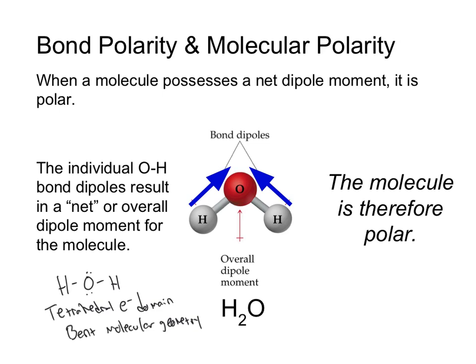Our difference in electronegativity between oxygen and hydrogen is definitely enough for us to create a polar bond in the direction of our oxygen atom. And so we have 2 bond dipoles in this molecule. We then must investigate the overall effect of those. If we draw those out right here, if we look at the 2 separate dipoles, we can consider one going up to the right, the other going up and to the left.